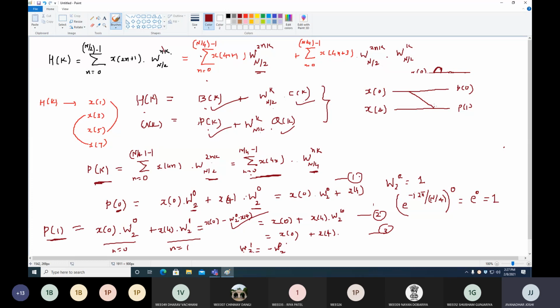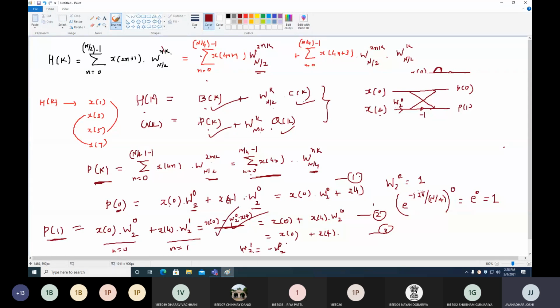It is like this, with W2 raised to 0 here and with a minus sign here. Is it matching with the derived equation? X of 0, that is this one, minus W2 raised to 0, that is this one, into x of 4. So this equation is matching.